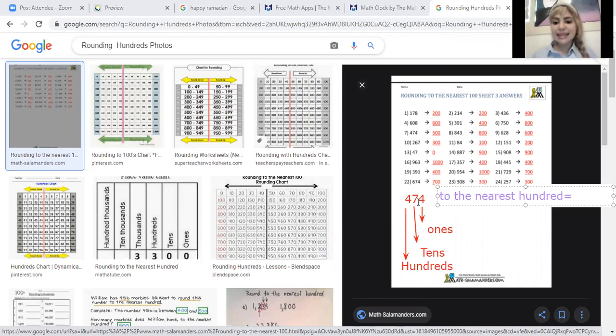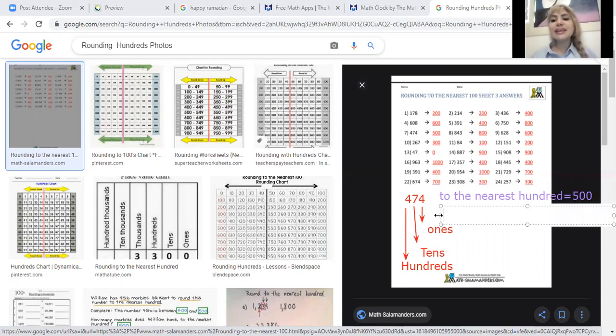I will look at the tens digit value 4. Hello 4, are you greater than 5 or smaller than 5? If it is greater than 5, it will give the hundreds a push. So 4 will be 5, 4 plus 1 equals 5. 7 and 4 will go back home, bring back 0, 0. So the nearest 100 is 500.